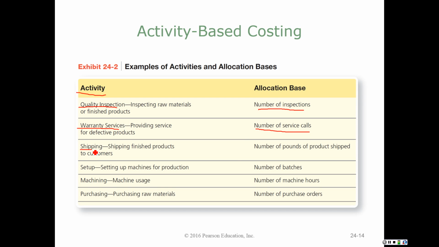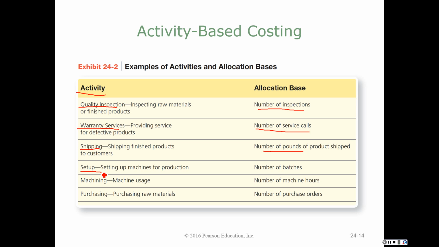Okay, so you can see the relationships taking place here. So maybe in shipping, how can we allocate the cost in our shipping department? Maybe it's based on the number of pounds that my shipping department actually moved this period. Setup. This was a new phrase to me when I moved into manufacturing.